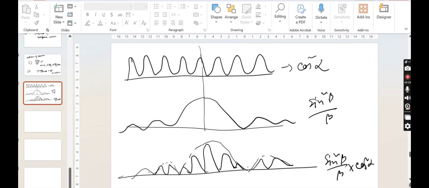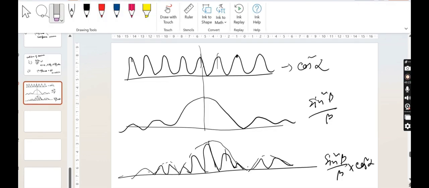So here you can see there is a principal maximum. This will be there, this will be there, this will be missed here. This function is giving you the maxima, but the diffraction pattern is not giving you the maxima. It's 0 here. So that's the missing order.